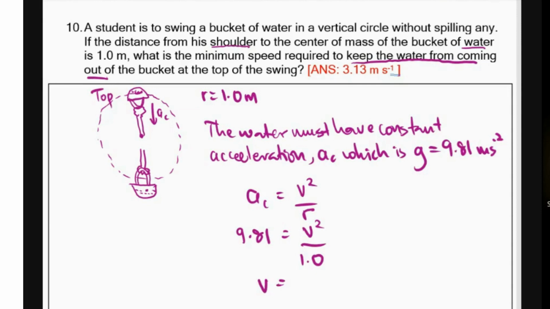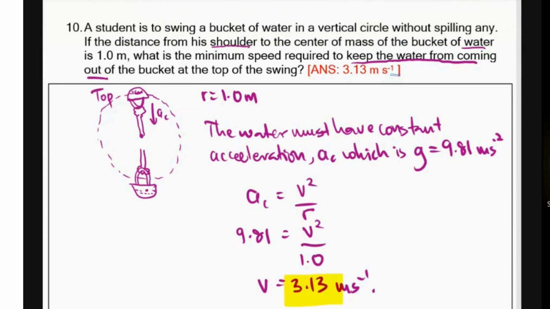This question number 10 is similar to the questions about the Ferris wheel. In the Ferris wheel question, the person wants to remain on the seat because the centripetal acceleration must be equal to the gravitational acceleration of Earth, 9.81. Okay, then you can take the square root. And you get the answer as 3.13 meters per second.